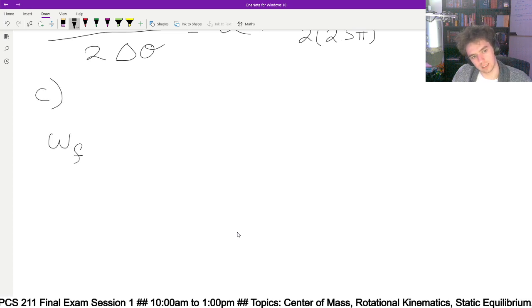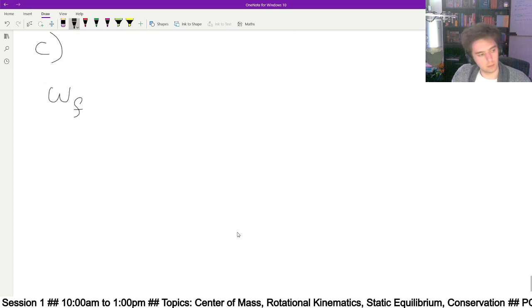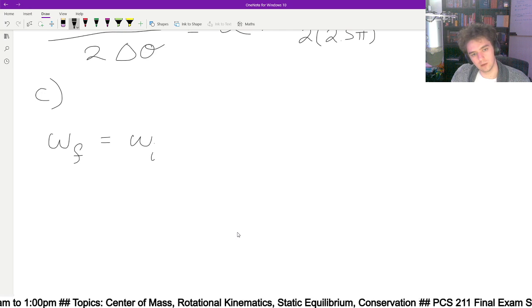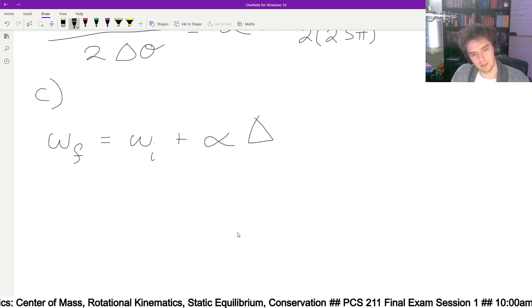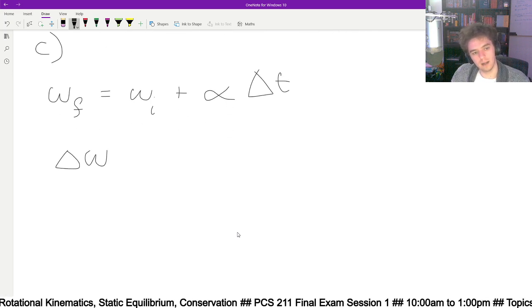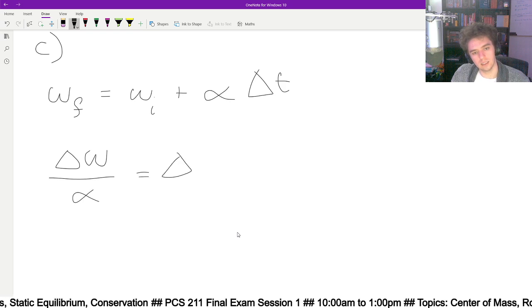So this is for part C, and this is for part B. For part C, omega f equals omega i plus alpha delta t. We're solving for delta t, so it's delta omega over alpha equals delta t.